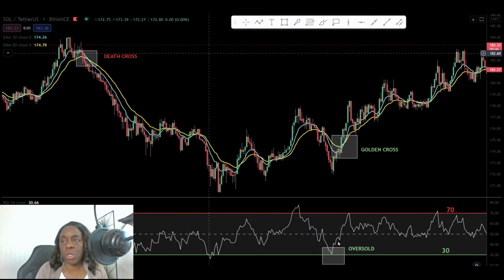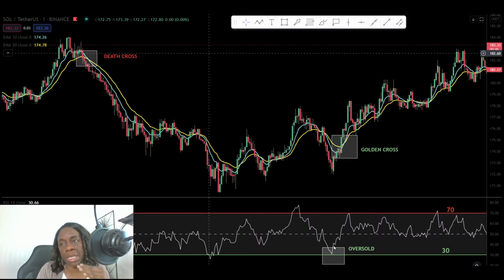And so again, we want to confirm with a golden cross this time. Okay, so now we're looking for price action to go above the 2 moving averages. I will say, this is a 1-minute chart. So we get the oversold reversal, this V shape down here, and that's a good sign that the trend is changing.